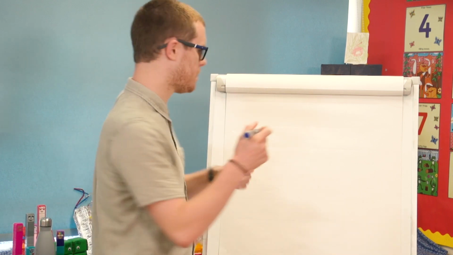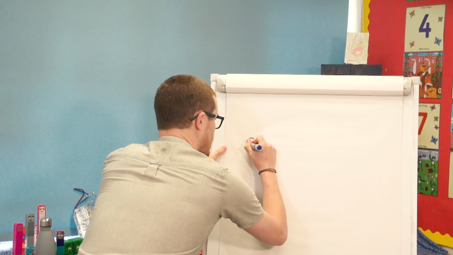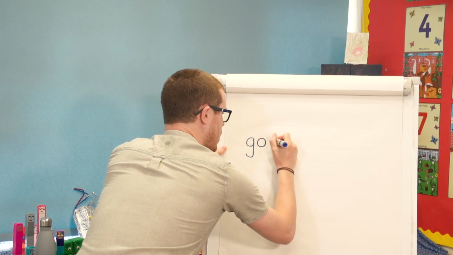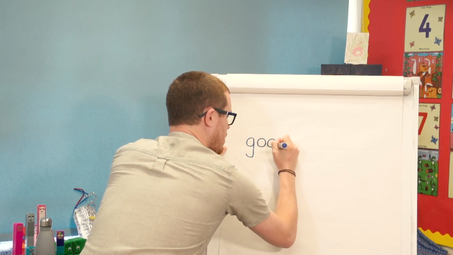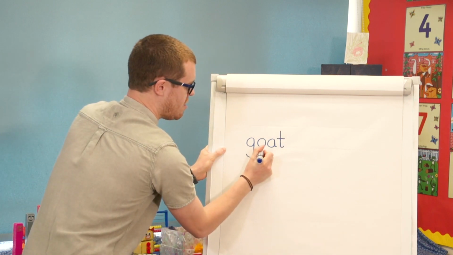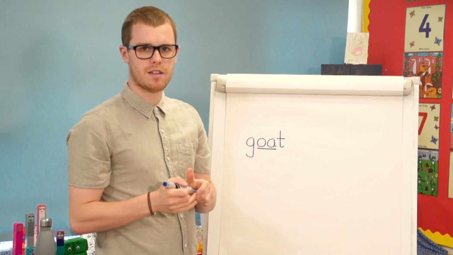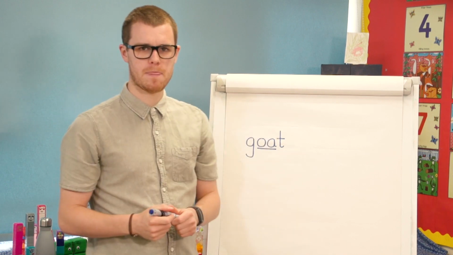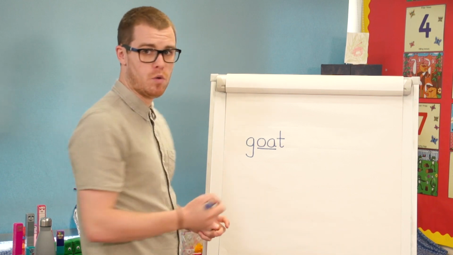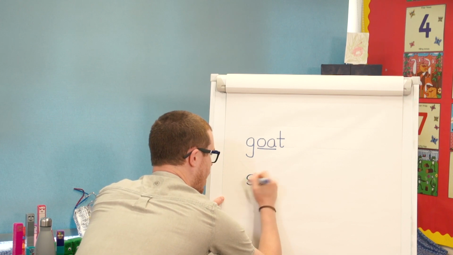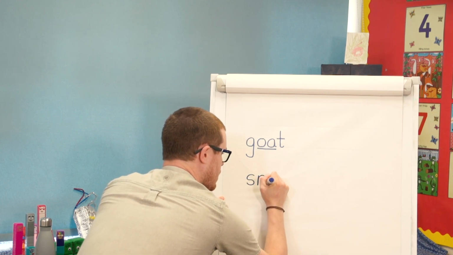Right, let's see. I know that we can write the phoneme O like this, as in goat, G-O-T. And I know that we can write the phoneme O like this.